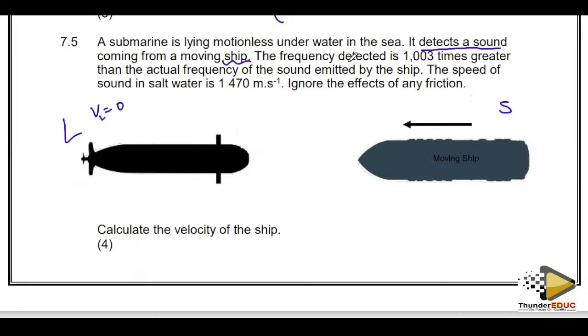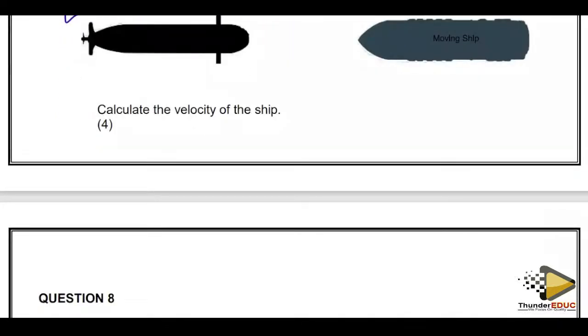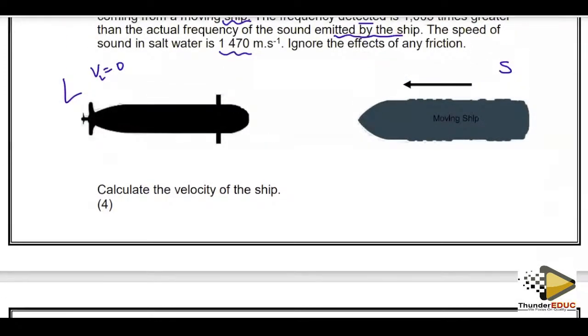The frequency detected is 1,003 times greater than the actual frequency that is emitted. Since this is greater than 1, the frequency is higher. The speed of sound in water is this much. Ignore the effects. Calculate the velocity of the ship.